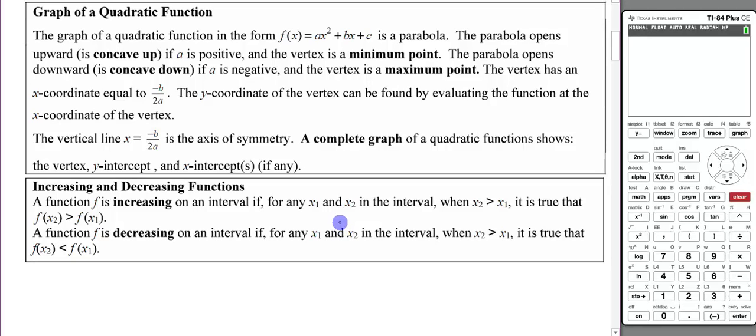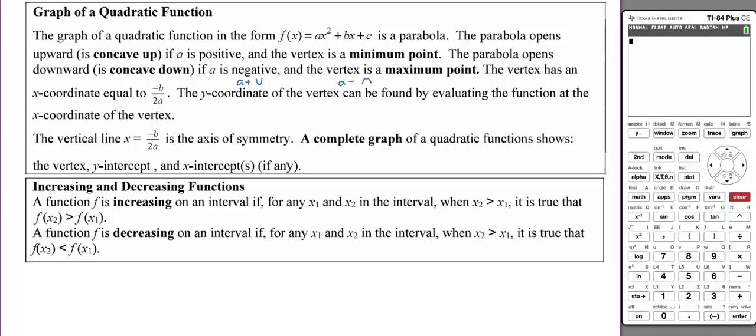The parabola opens down if a is negative, and then the vertex is going to be a maximum point. In other words, if a is positive, it's happy. If a is negative, then it's going to be sad. So then you can tell if it's going to be a minimum or maximum point.